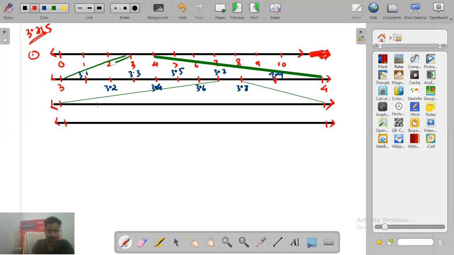So this will be your 3.7, and this will be your 3.8. Now say 3.7. Next, the next digit will come. Second is 3.71. Yes or no? 3.71.